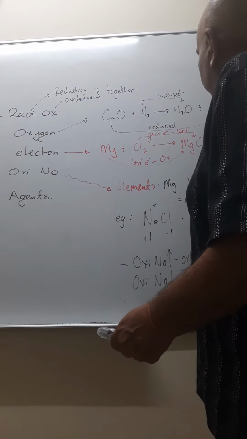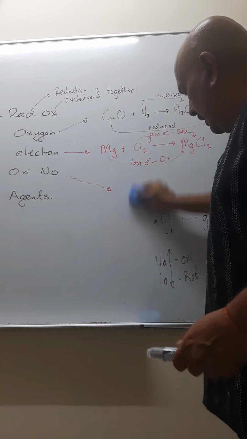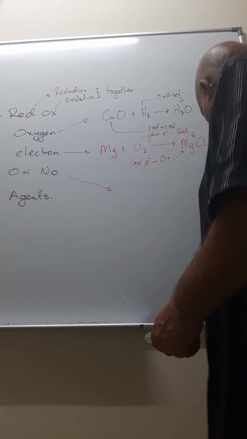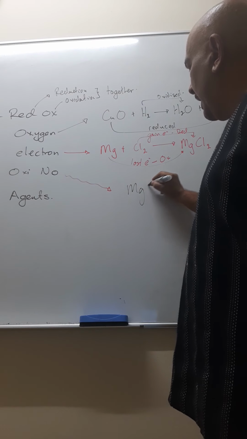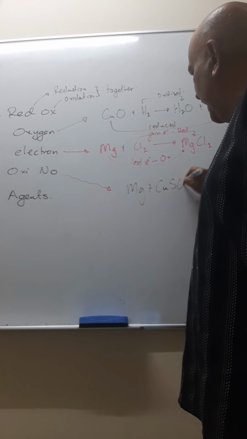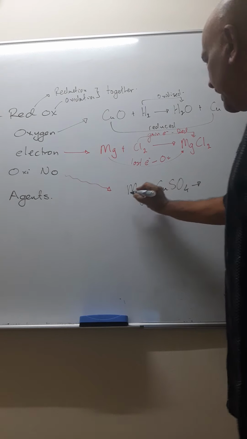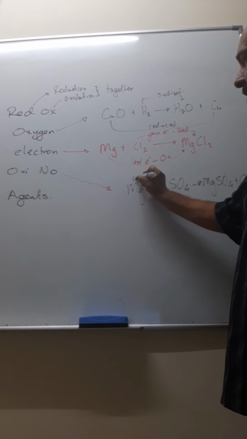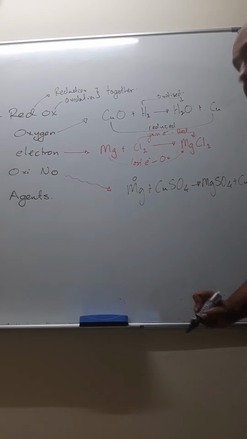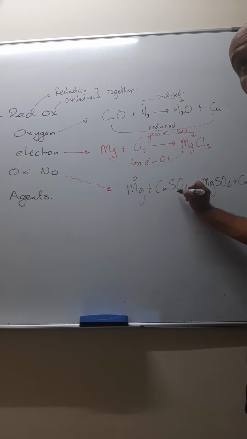So if you do just a simple displacement, you take magnesium plus copper sulfate, you know that the magnesium is going to displace that. So you get magnesium sulfate plus copper. Magnesium here is 0 because it is unreacted. Copper is already in a compound.